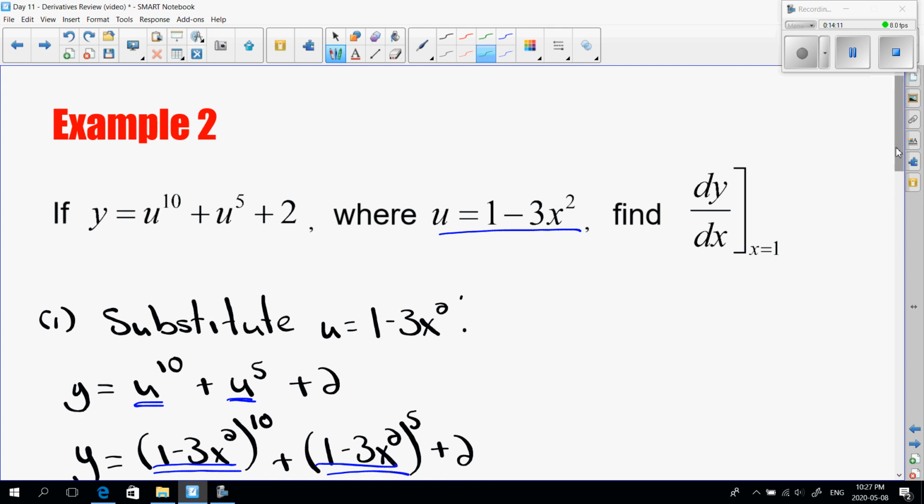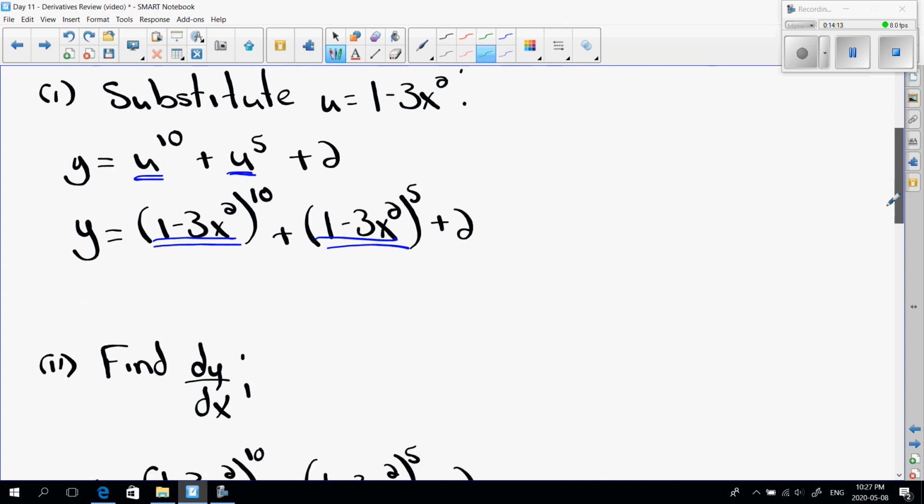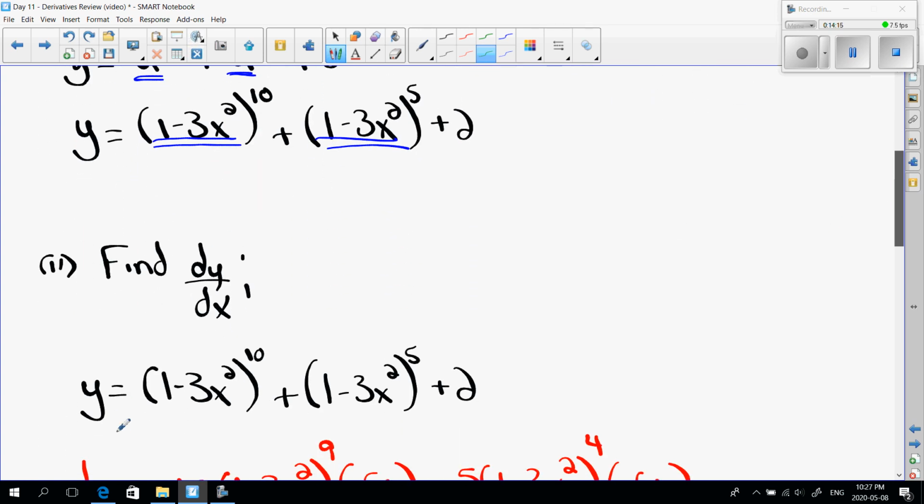And then when I differentiate, I can just do the derivative of this function, which would give me dy over dx. Remember, the derivative of y with respect to x in Leibniz notation is dy over dx. To do the derivative of that, I have to do a chain rule. So it would become 10 times (1 minus 3x squared) to the 9th times -6x.